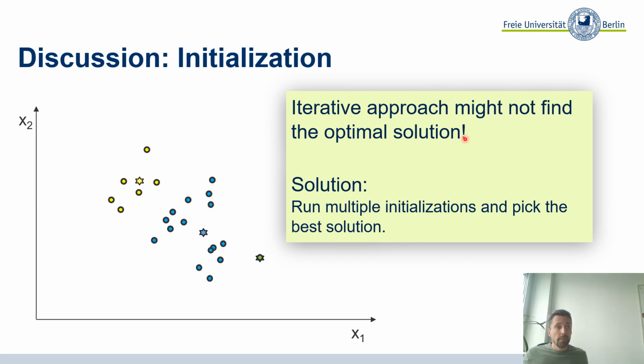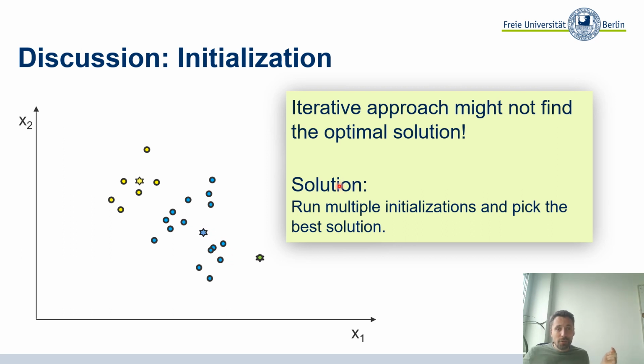For example, think of one cluster being assigned to a single point that is a little far off the data distribution, and then one of the remaining k-1 centers has to represent a larger cluster. That's not a globally optimal solution, but that's the solution the algorithm finds given a certain initialization.